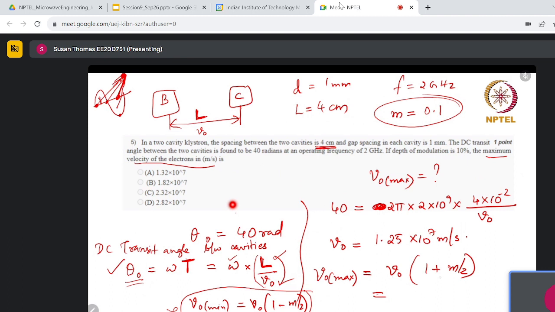Just substitute M as 0.1 and find out V naught max. So you can let me know which is the right option here. So the option is 1.32 into 10 power 7 meter per second.